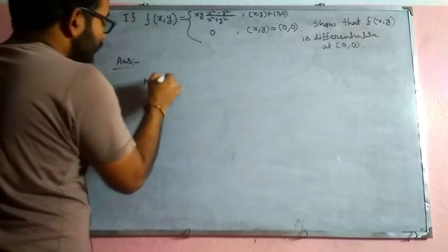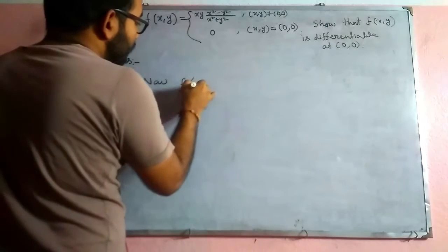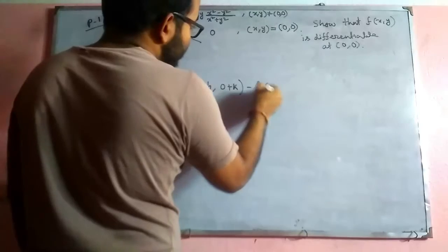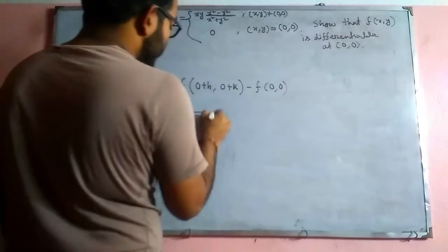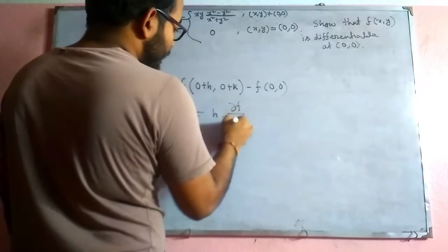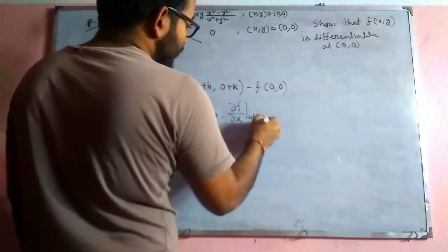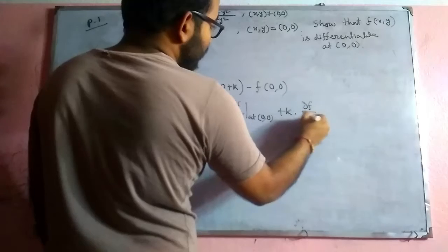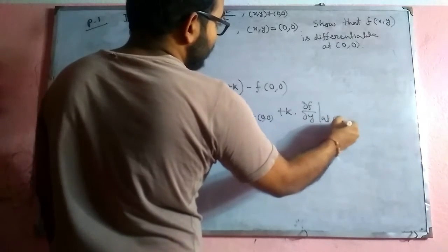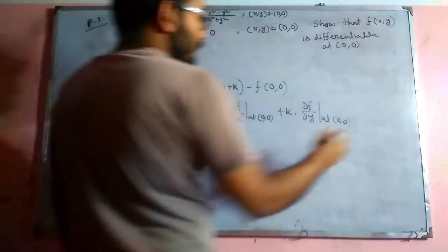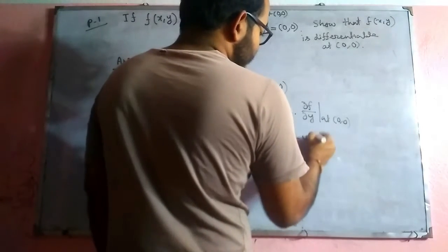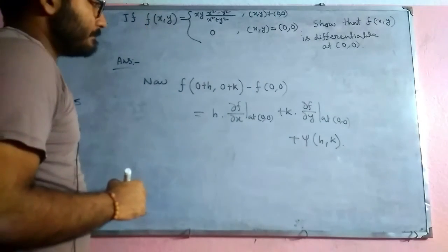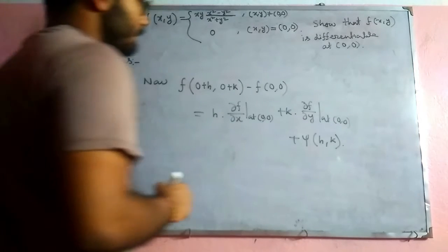Now, what is f(0+h, 0+k) − f(0,0)? This is equal to h ∂f/∂x at (0,0) + k ∂f/∂y at (0,0) + ξ(h,k), okay.